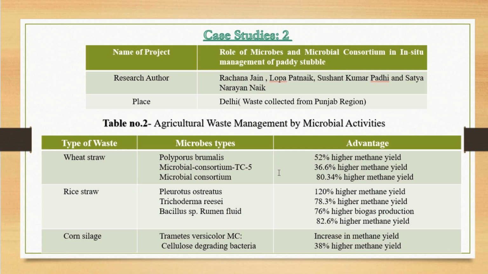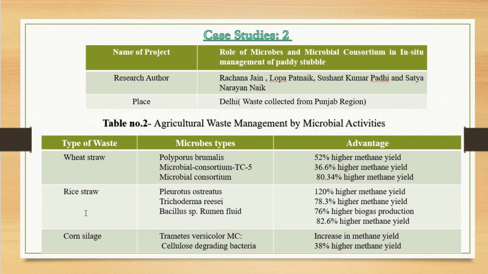Higher methane yield means if we have 10 kg of waste and it consists of 1 kg of organic matter, and we treat this waste with the help of microbial activities, 5 to 100 grams of methane gas will be produced by weight.